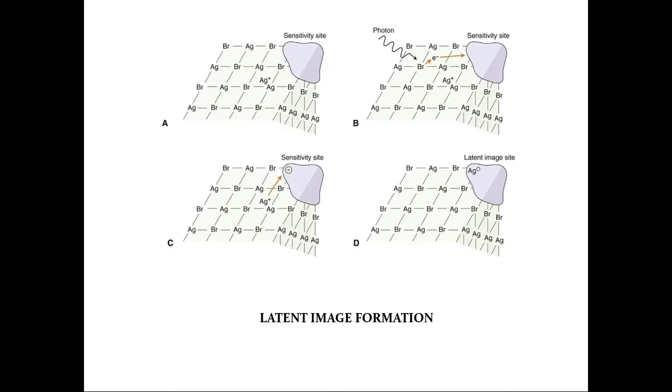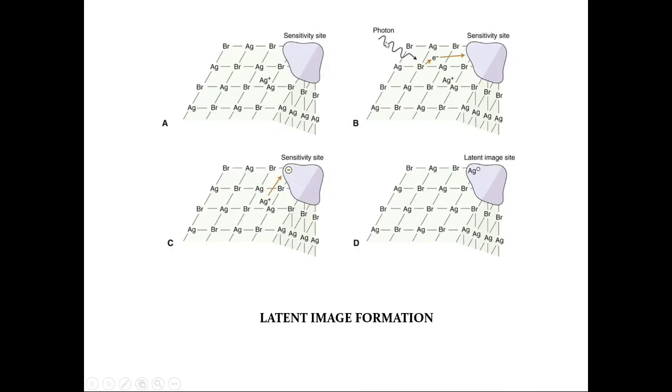Within this, with the free interstitial silver ions, there are some traces of chemicals such as sulfur ions used to form sensitivity sites, that you can see here. So there is a sensitivity site over here.